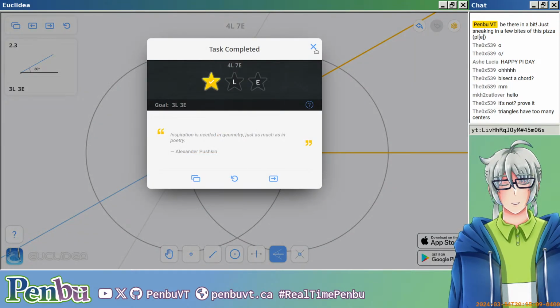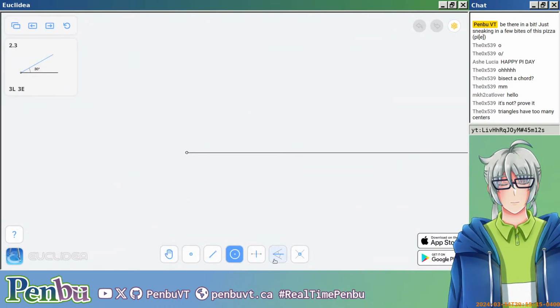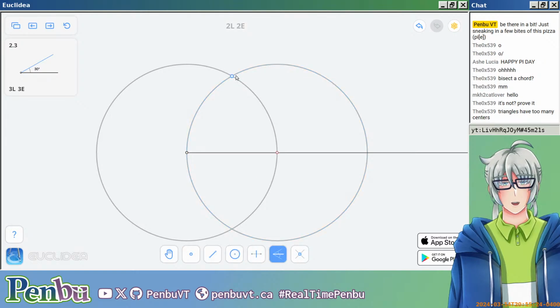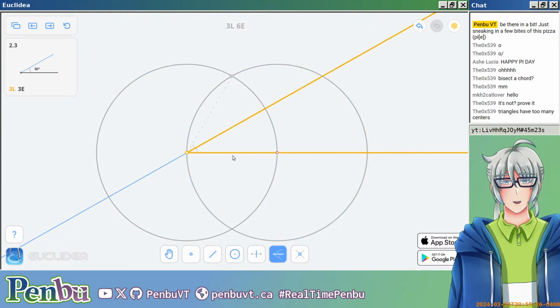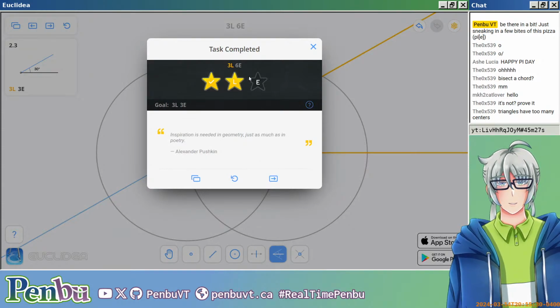And apparently we can be even more efficient. But this is, I think, how you construct one. Oh, but then we don't actually need the other line, we just need to bisect it. Okay, so that's 3 tool uses.